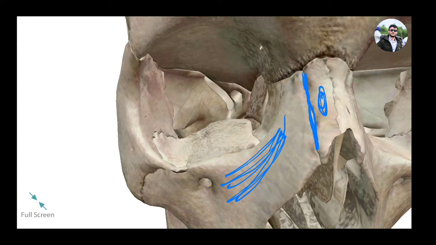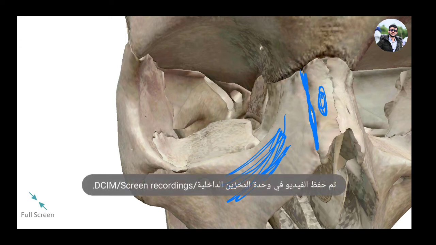As we said a few seconds ago, we derive the name of the suture from the names of the bones. So we say the nasomaxillary suture, and we can also say the maxillonasal suture. Both of the names are correct.